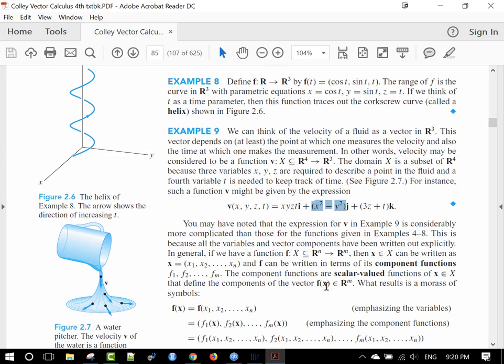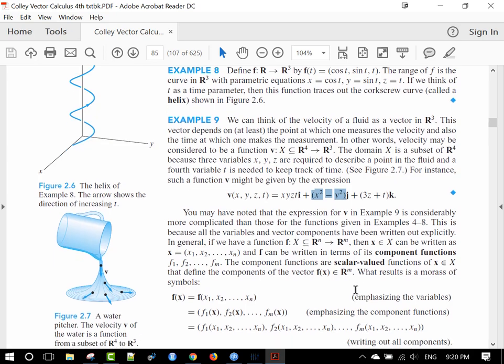So what's going on here? This is the situation. We have a vector valued function, a bold f, with vector input. These represent the inputs, and the output is a vector.